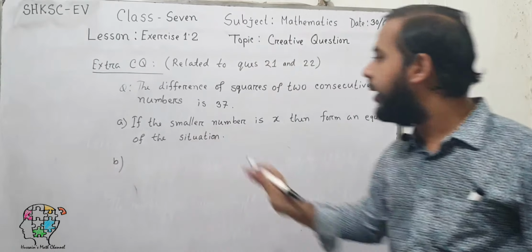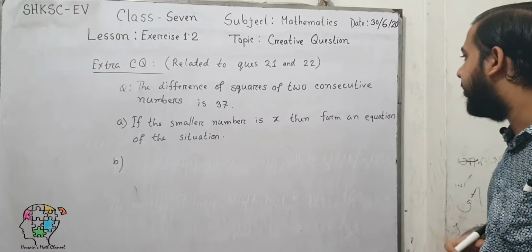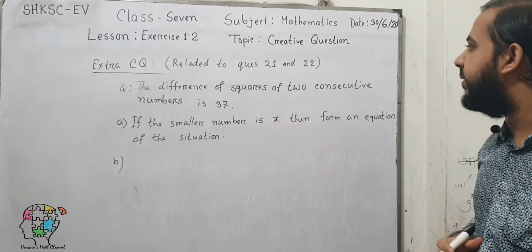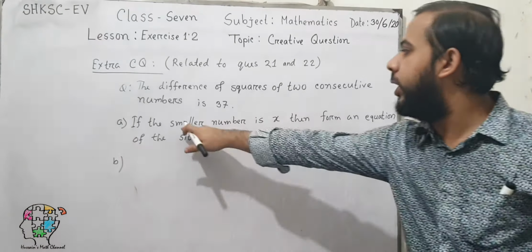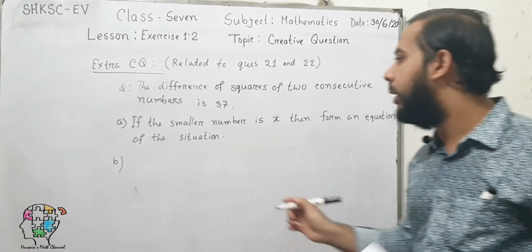You have to make an equation of this situation, the difference of squares of two consecutive numbers, where the smaller number is x, so the next number will be x plus 1.